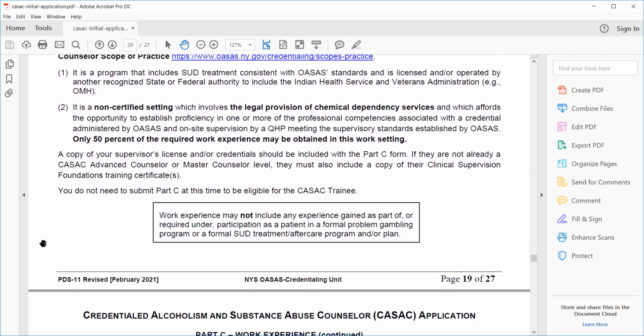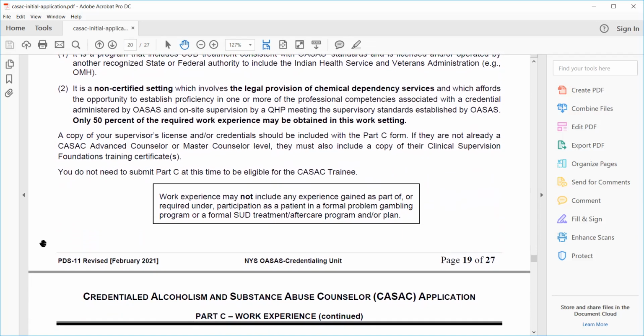I'm looking down. Okay. As you leave Hudson Valley, if you are going to work for a place and they tell you that they are not OASAS certified, OASAS may accept the forms, or they may accept the hours if someone fills out the form for you. Please, please make sure, contact OASAS before you start working there and say, will this apply toward my 6,000 hours?